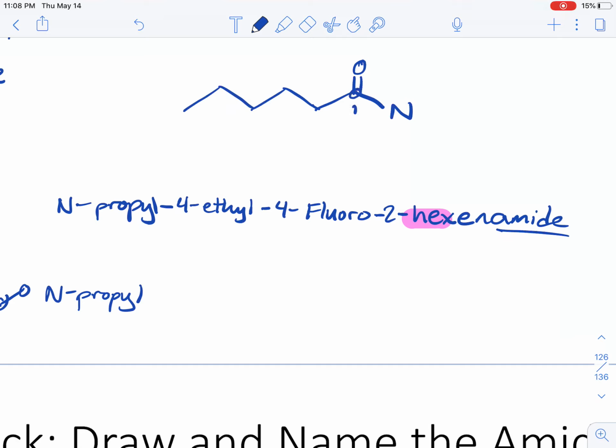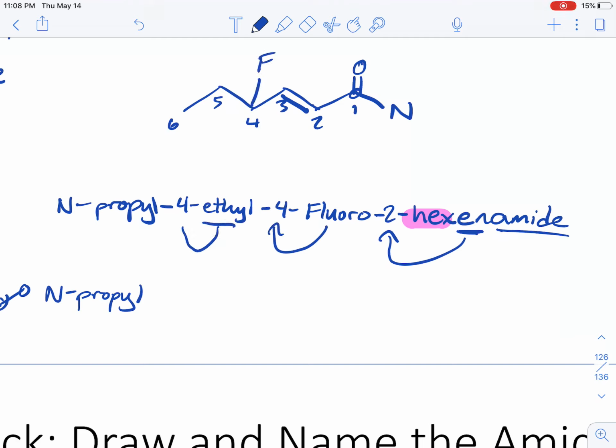Here's carbon 1, 2, 3, 4, 5, 6. I have a double bond on carbon number 2, so I'm going to put a double bond there. I have a fluorine on carbon 4.